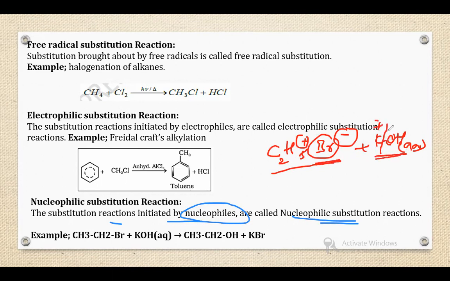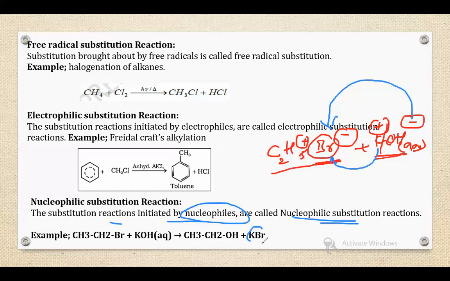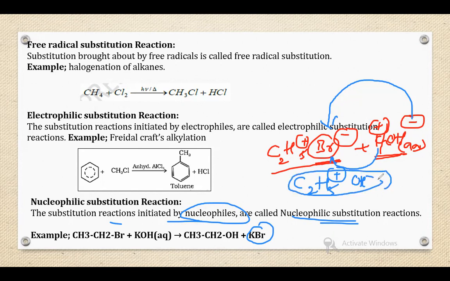KOH dissociates to form K plus and OH minus. This OH minus nucleophile replaces bromine, and potassium combines with bromide to form KBr, potassium bromide. C2H5 plus combines with OH minus to form C2H5OH, ethanol, with the formation of potassium bromide KBr.